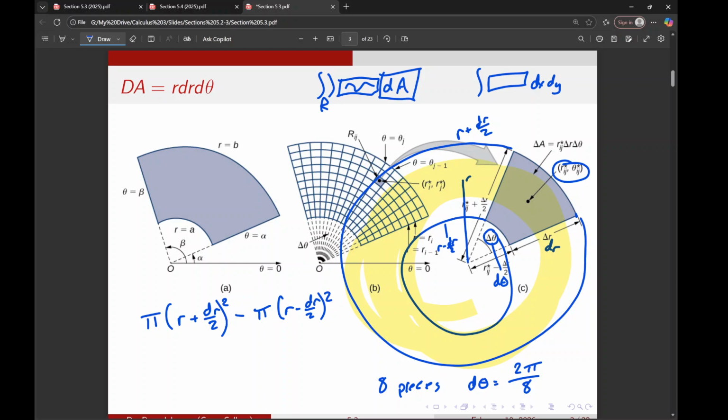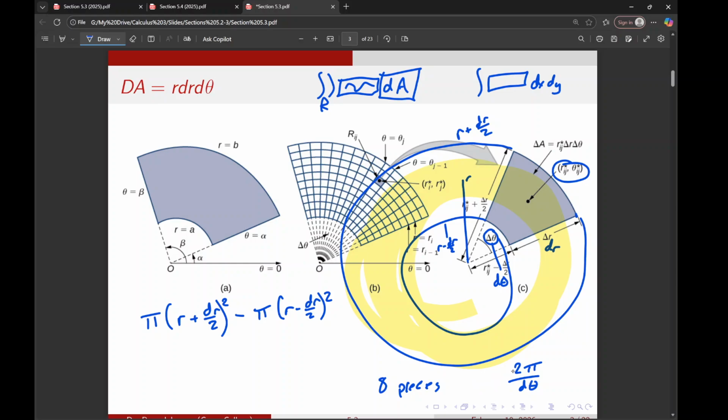That means if I think about what fraction of the circle I have, I don't want 8, I want 1/8.